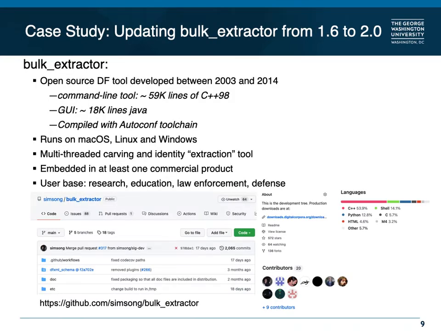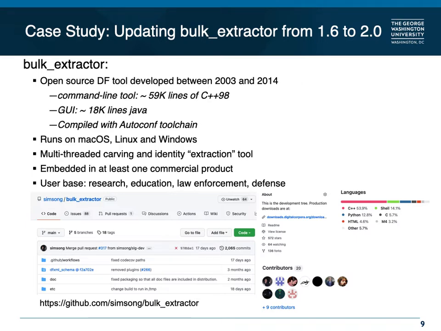So now I'm going to talk about bulk extractor, which is a digital forensics tool that I developed in the early 2000s, and I've recently been working to update it from version 1.6 to version 2.0. Now, bulk extractor is a command line digital forensics tool written in C++ with about 59,000 lines of code, and it was originally written in the 1998 C++ standard.